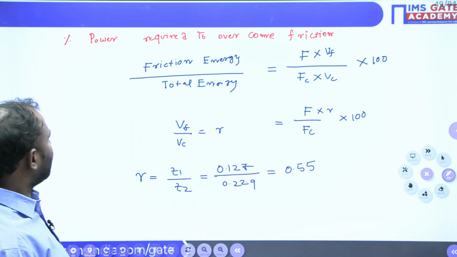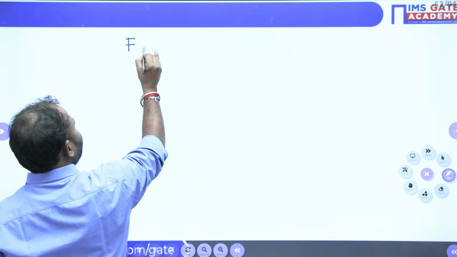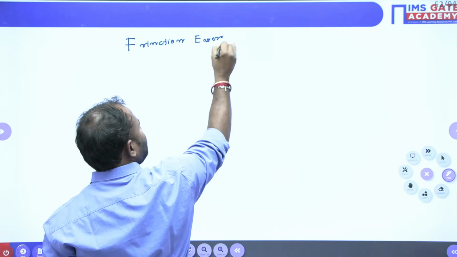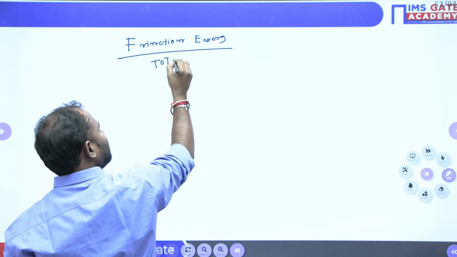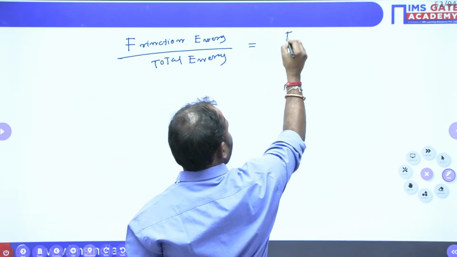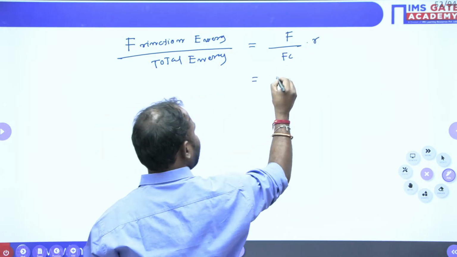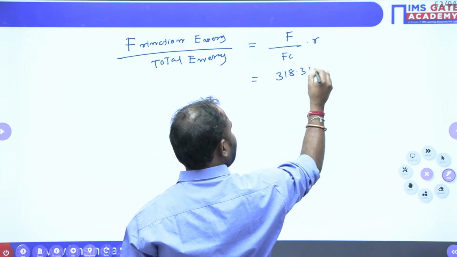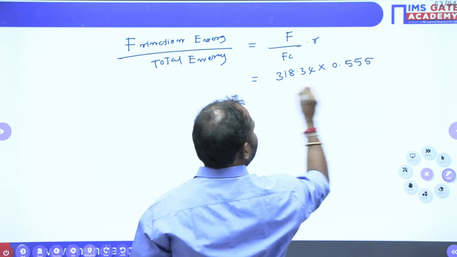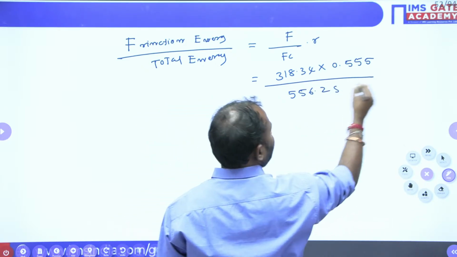Now friction energy divided by total energy is equal to F divided by Fc into R. F is 318.34 into R, which is 0.55, divided by 556.25 into 100.